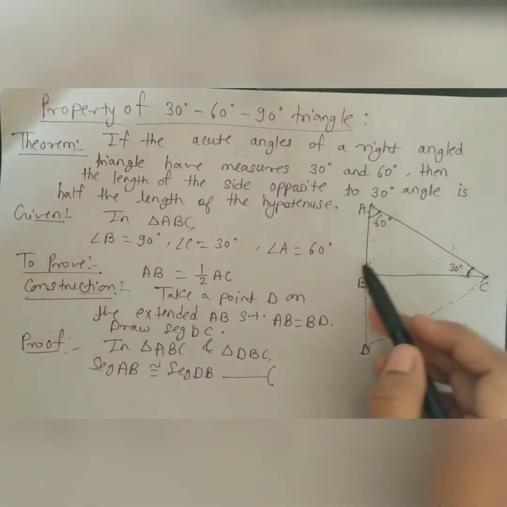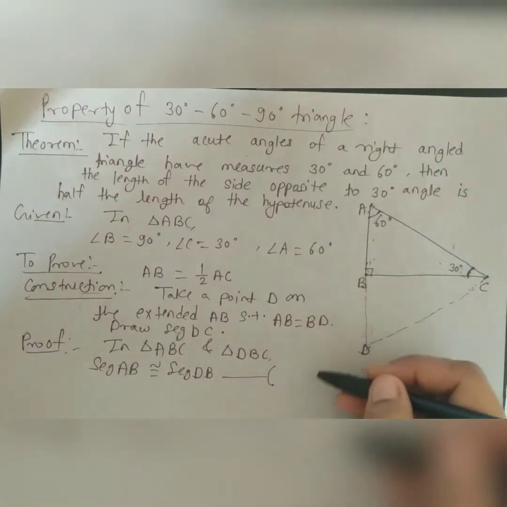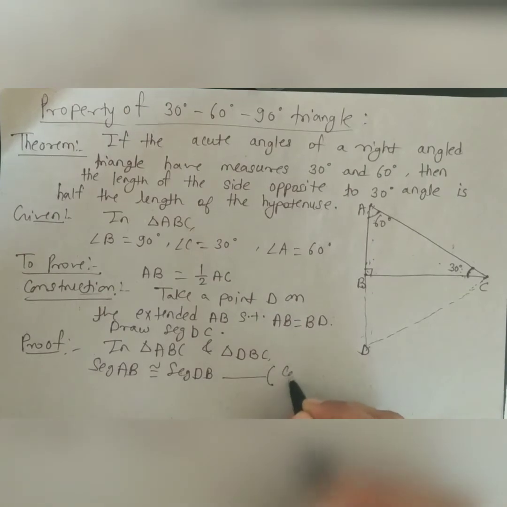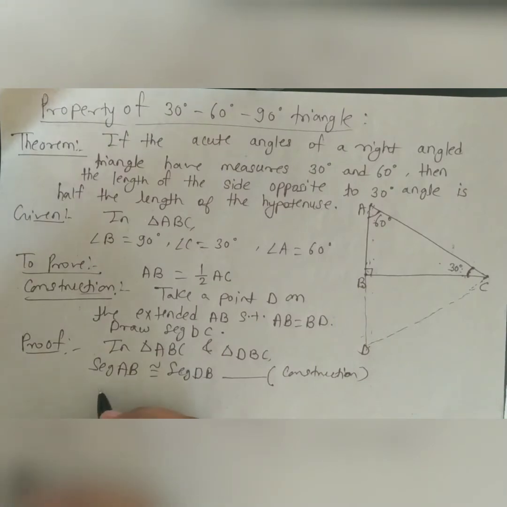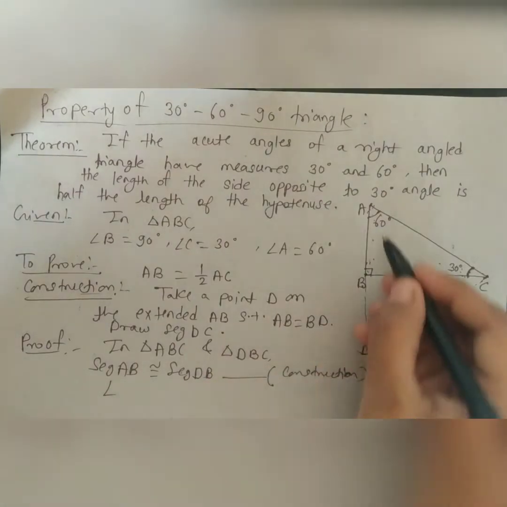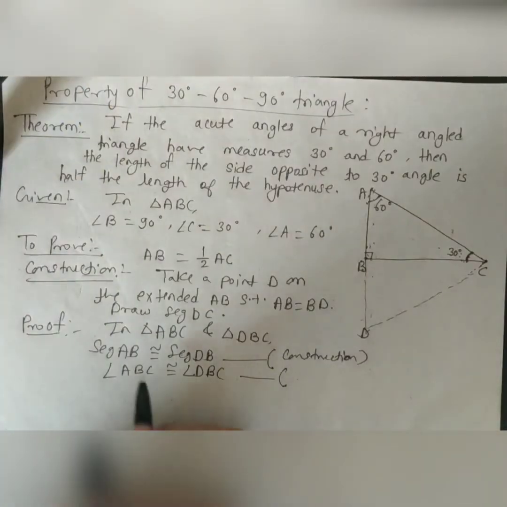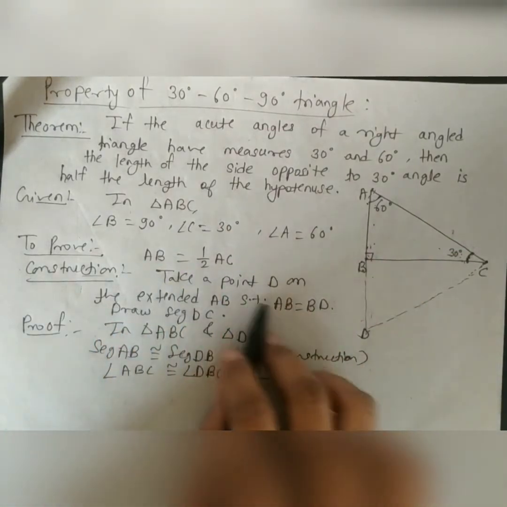In triangle ABC and triangle BDC, segment AB is congruent to segment DB, and the reason is the construction.